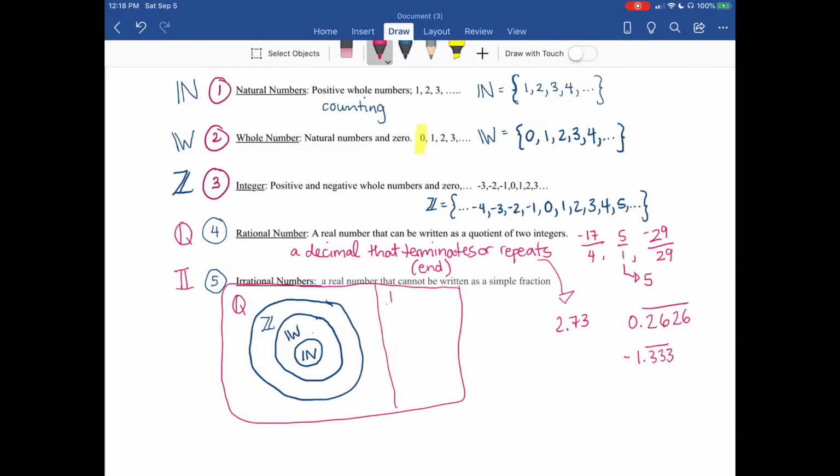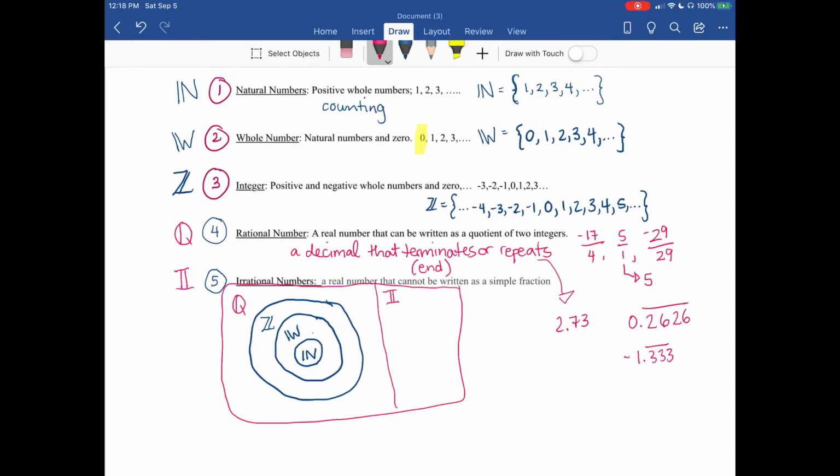So we're going to abbreviate that with an I. Irrational numbers are the opposite of rational numbers. That just means if I can write a number as a quotient of two integers, it's rational. If I can't write that number as a quotient of two integers, it's irrational. So we define that by saying it can't be written as a simple fraction.